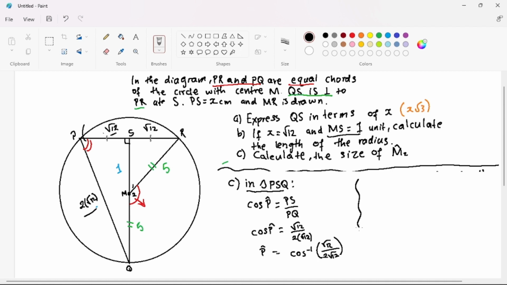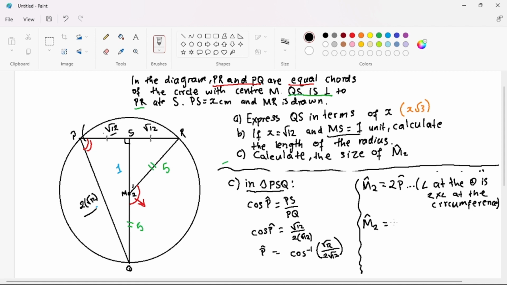After this, guys, you are going to say M2 is equal to 2 times P. So our reasoning is that the angle at the center is 2 times the angle at the circumference. So whatever answer you get here, you are going to multiply it by 2.